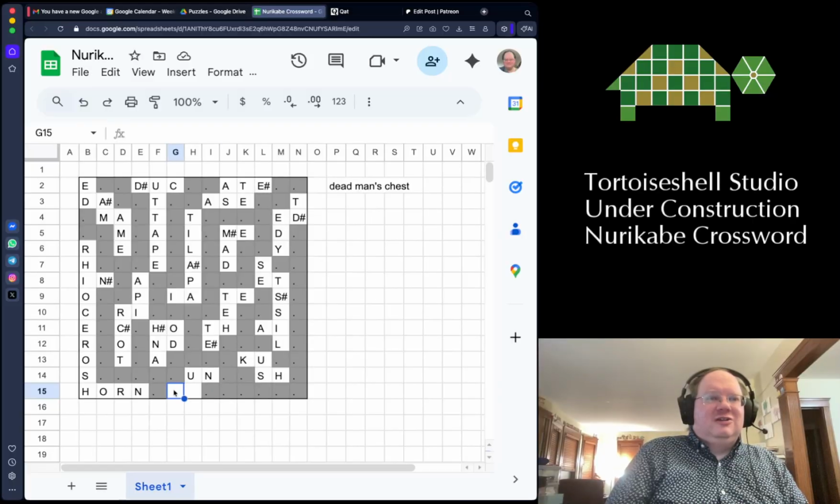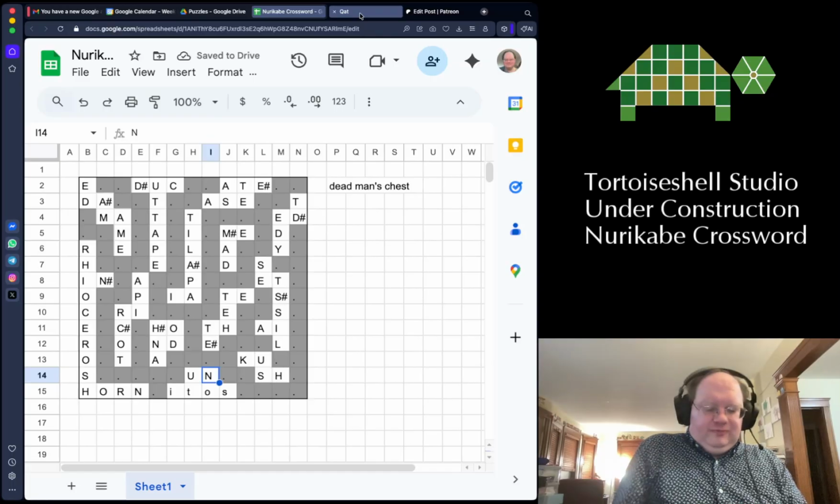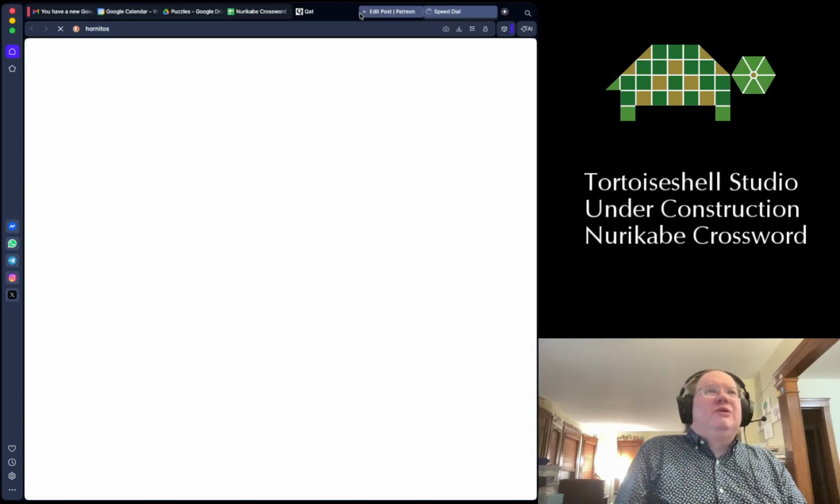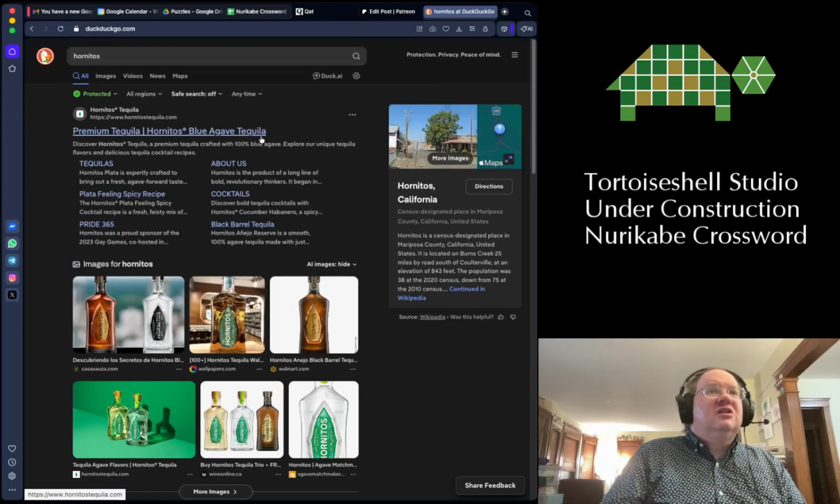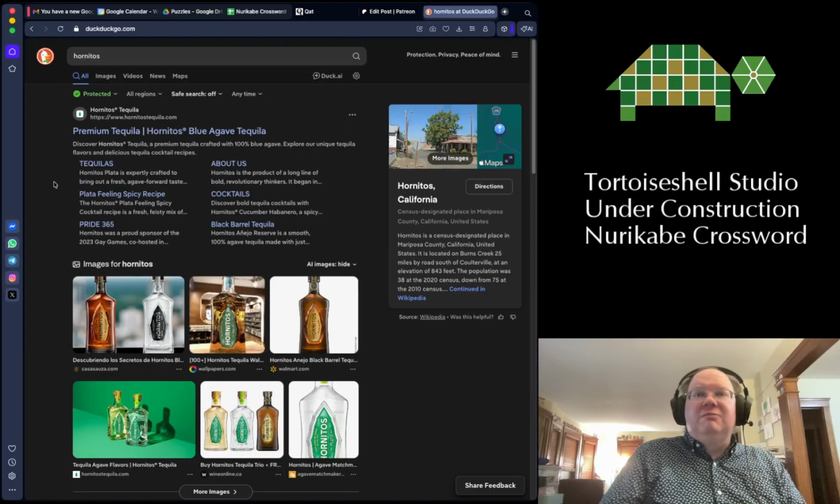The other possibility is having like Hornitos. What is Hornitos again? It's like a beverage brand, I think. A tequila brand. Also a place in California.